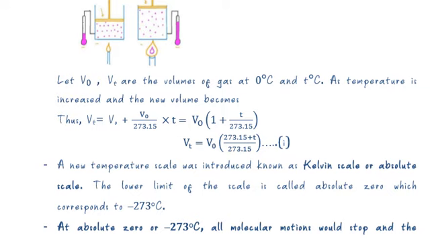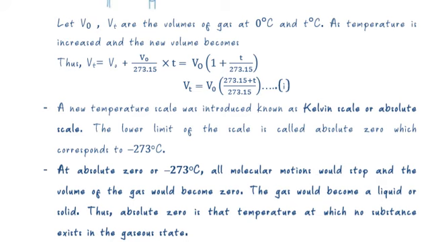The lower limit of the scale is called absolute zero, which corresponds to minus 273 degrees Celsius. At absolute zero, all molecular motions would stop and the volume of the gases would become zero.